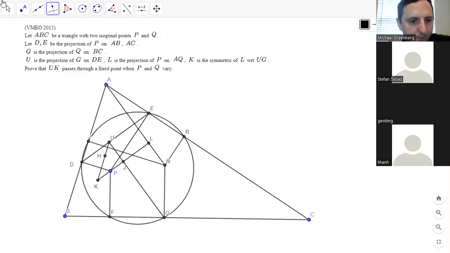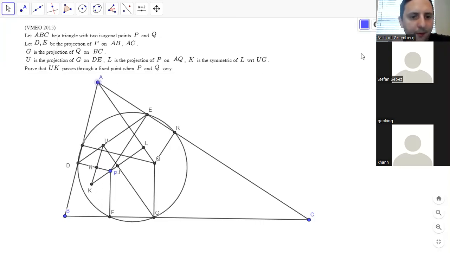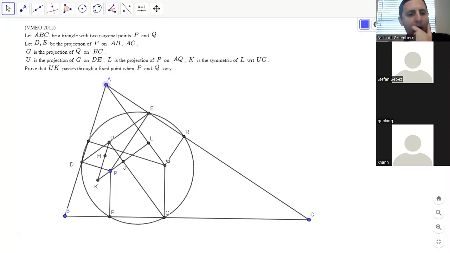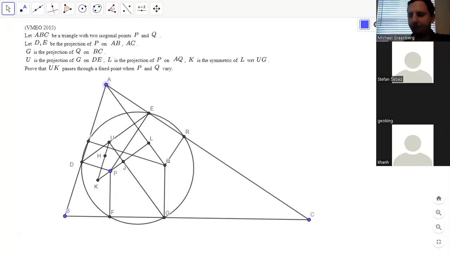I don't think U, P, and F are collinear, right? Yeah. Maybe JH is perpendicular to AB.